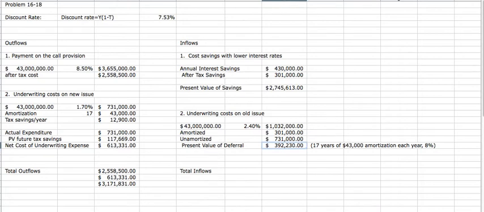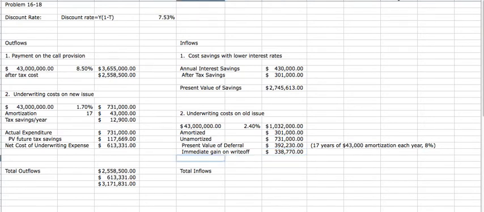So we will have a net savings, the difference between these two numbers. That's our net savings. However, that's the amount that we'll basically be able to save by writing this off more quickly.